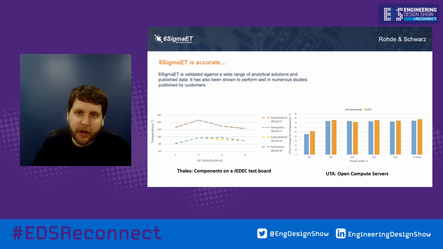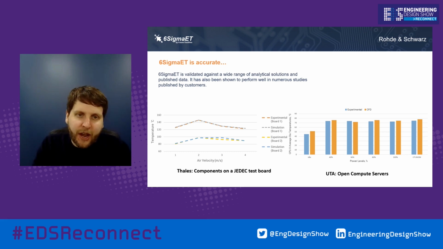On the right, we've got a comparison between experimental and CFD done by UTA, a university in America, on a compute server. Again, a really great match between simulation and experimental data.